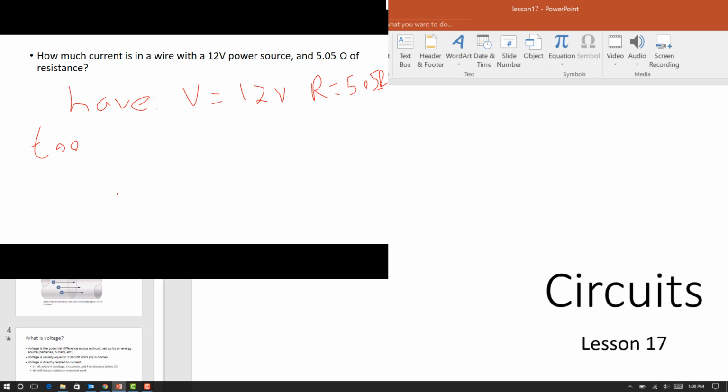Tools: V, or voltage, is equal to current times resistance. And what do we want? We want current, right? How much current? So we need to rearrange this tool to solve for current. We'll divide both sides by resistance. Resistance cancels. And now you have current is equal to voltage divided by resistance.